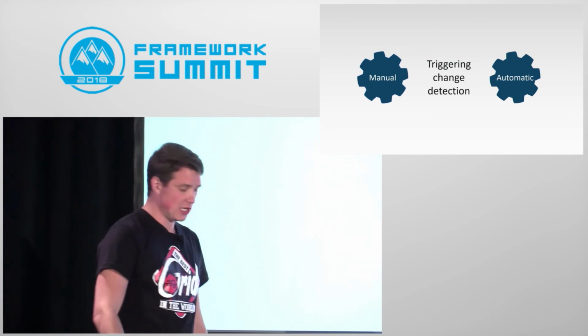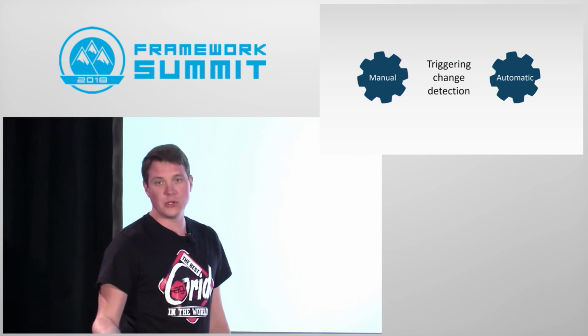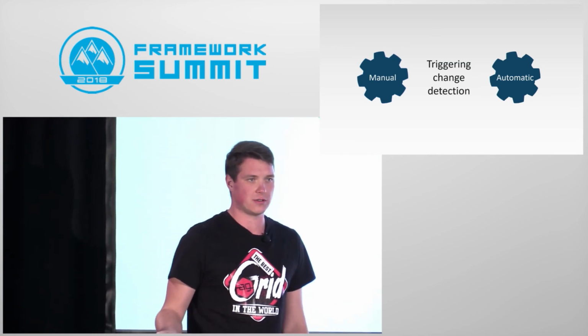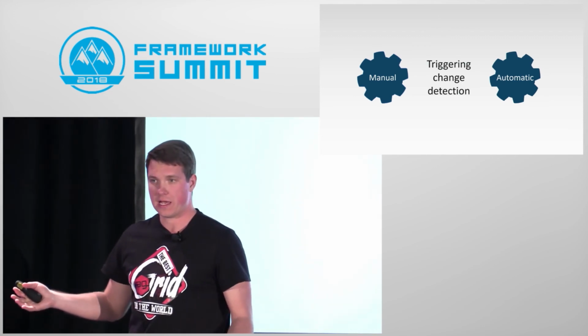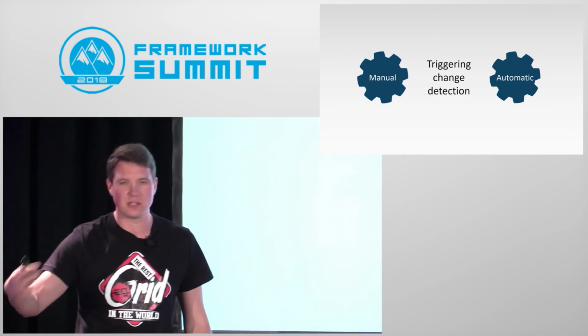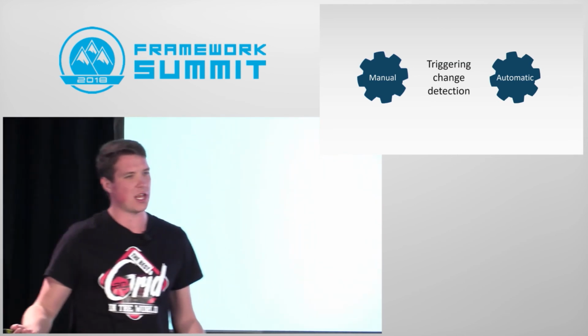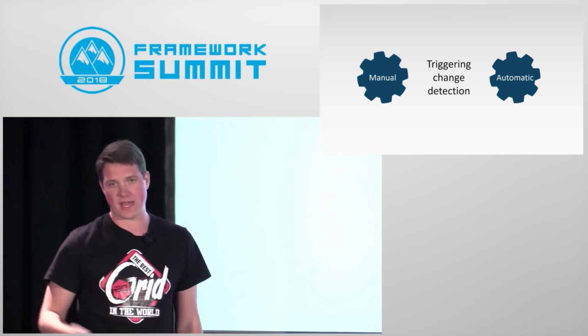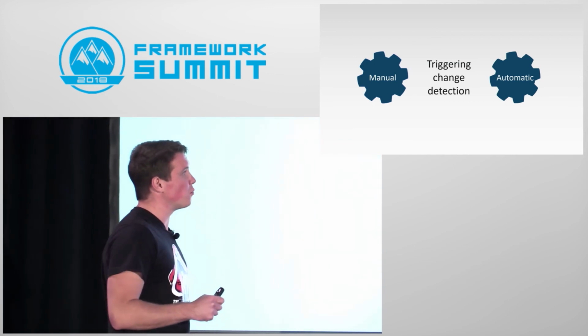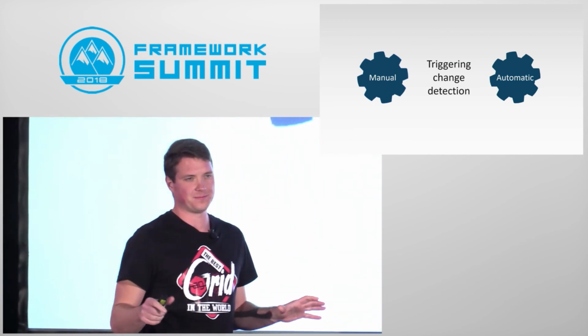The second way is to rely on the framework to know that something has changed, or that there's a possibility that something has changed. And so there's a need to run change detection and figure out if there's anything that's changed, and so the DOM needs to be updated. And that's the automatic way. And this is also where both frameworks differ.